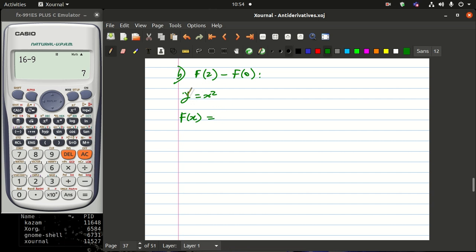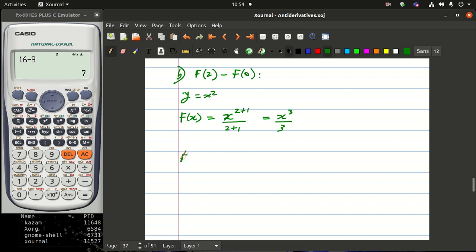The particular antiderivative of that is going to be x, we still have an x, we have a 2, you add a 1, and then you divide by the new exponent. Take note that this is not the most general. If it was the most general, we're going to have a plus c, which is a constant. We are talking about a particular one, so there is no plus c. So this is going to be x cubed divided by 3.